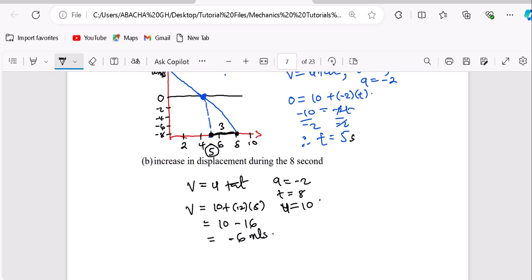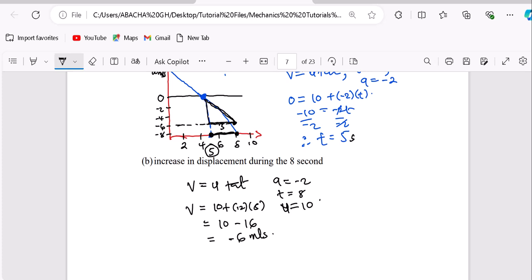So we have this line, and we will have this particular triangle here.